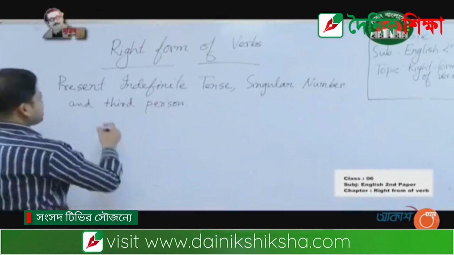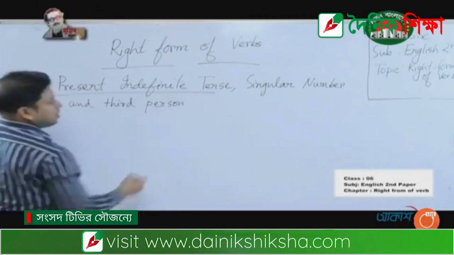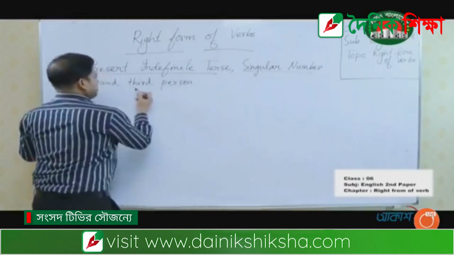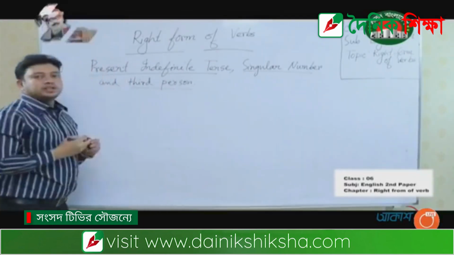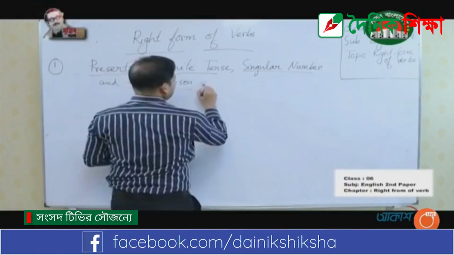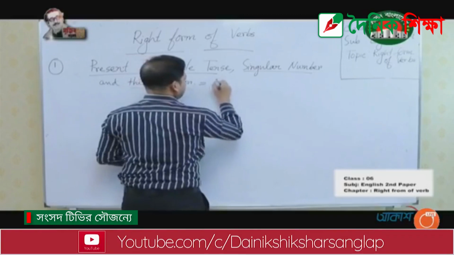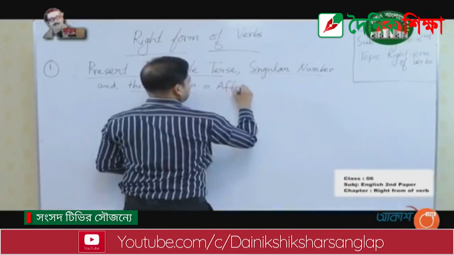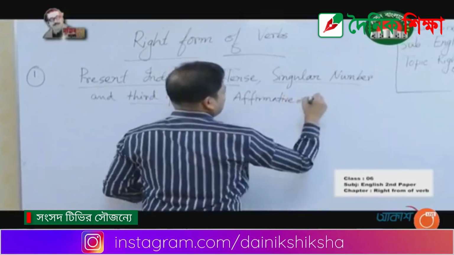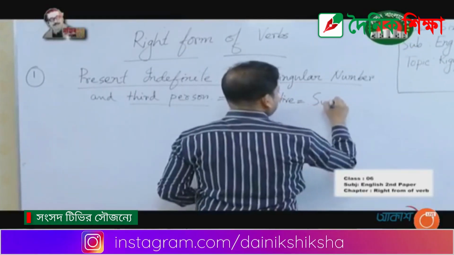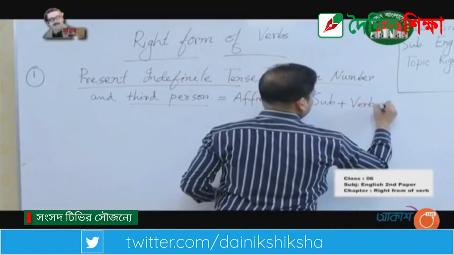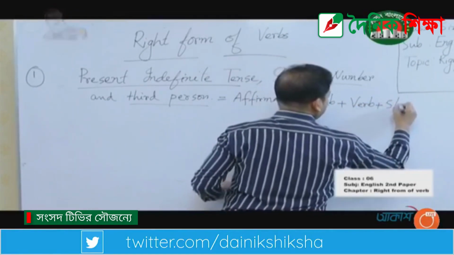Now if the tense is present indefinite, and the subject is singular number and third person, then what kind of changes will there be? If it is an affirmative sentence, there will be subject plus verb plus s or es.